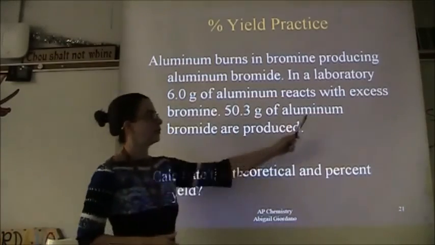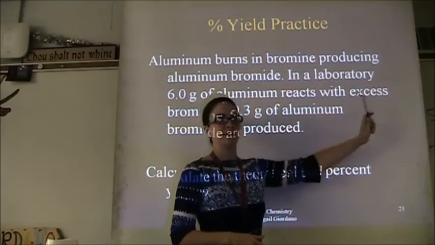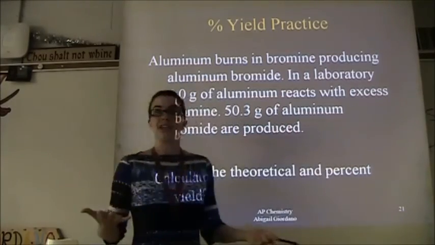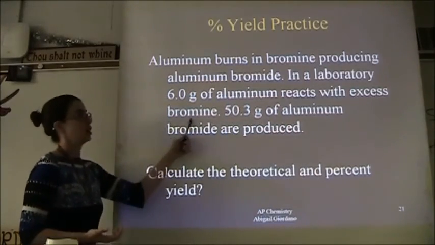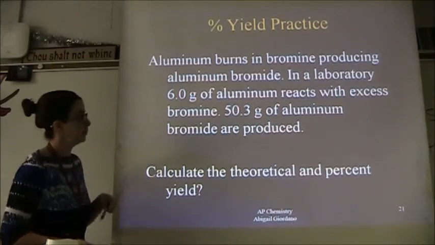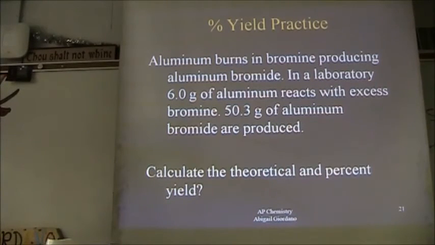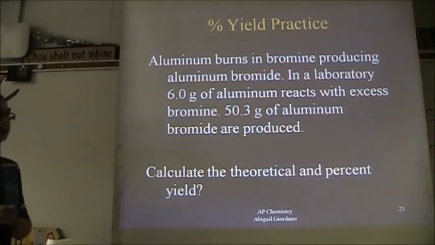Okay, do not let this word scare you. This is not a limiting reactant problem. In fact, they're making it easy for you by telling you that bromine is not the limiting reactant, so it must be aluminum. 50.3 grams of aluminum bromide are produced. Calculate the theoretical and percent yield.